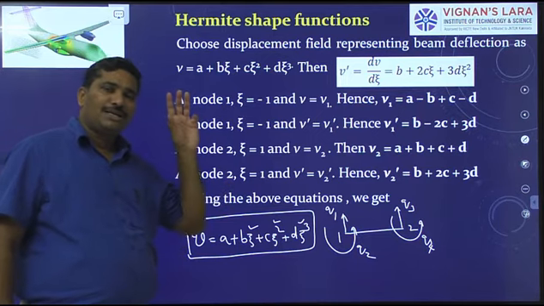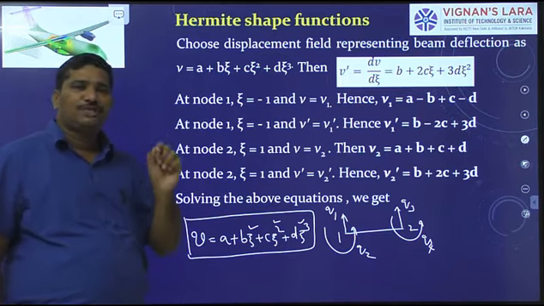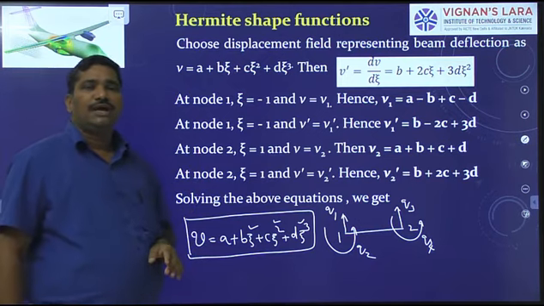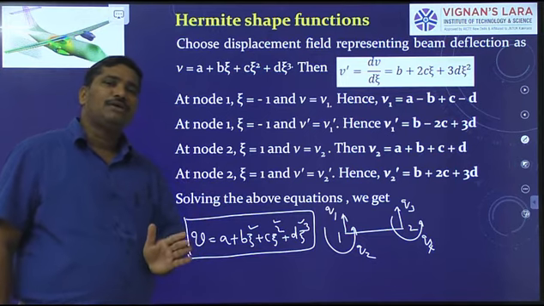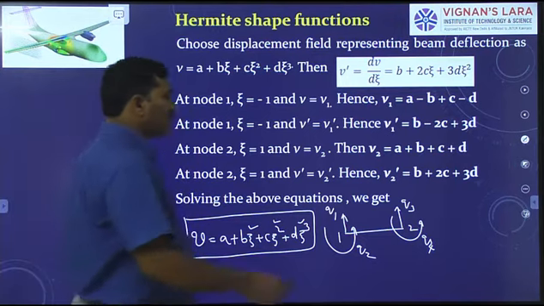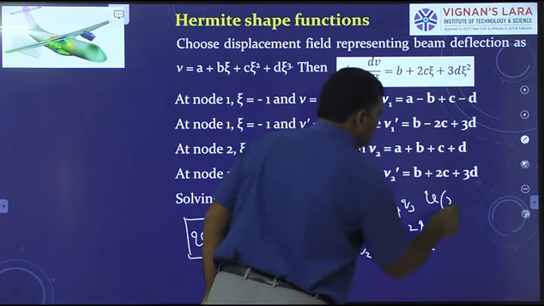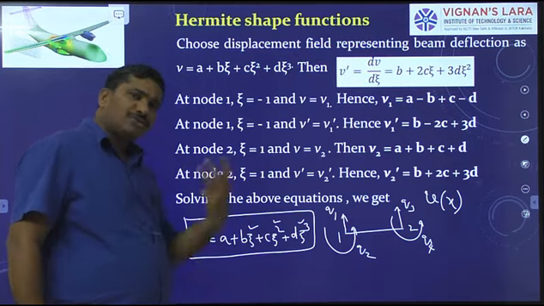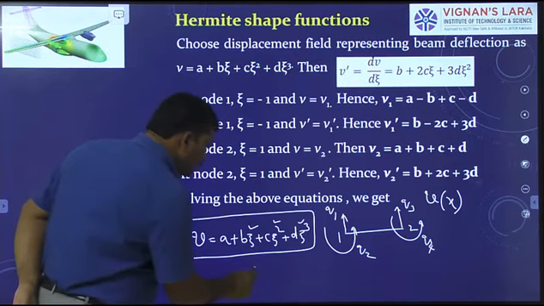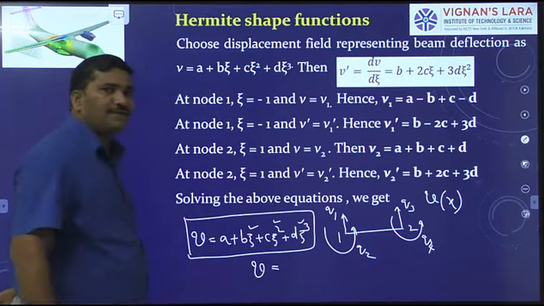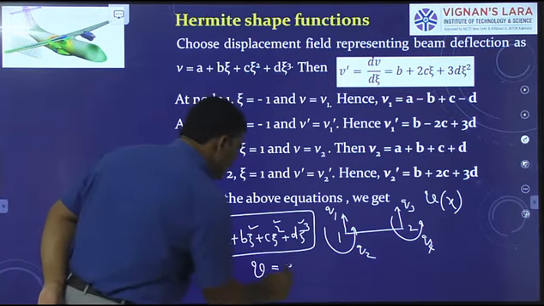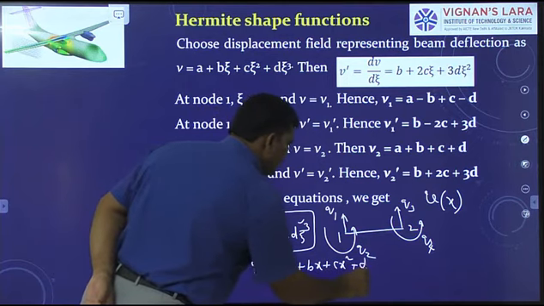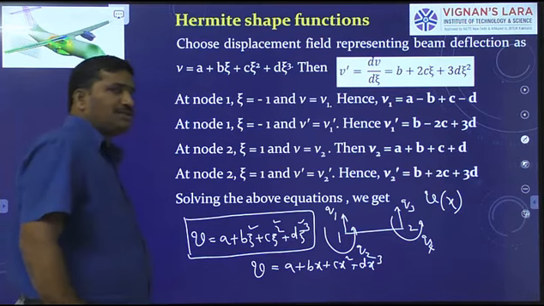Because it is a one-dimensional domain, we specify each point with only one coordinate X. Hence, the beam deflection is dependent on the variable X. V is a function of X, therefore. You can also derive the shape functions assuming the beam deflection as A plus bx plus cx square plus dx cube.